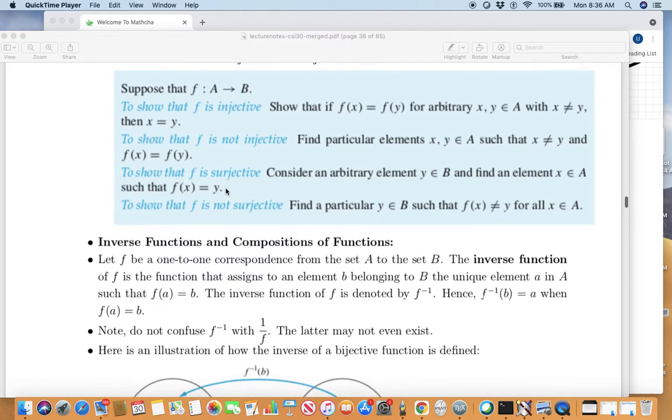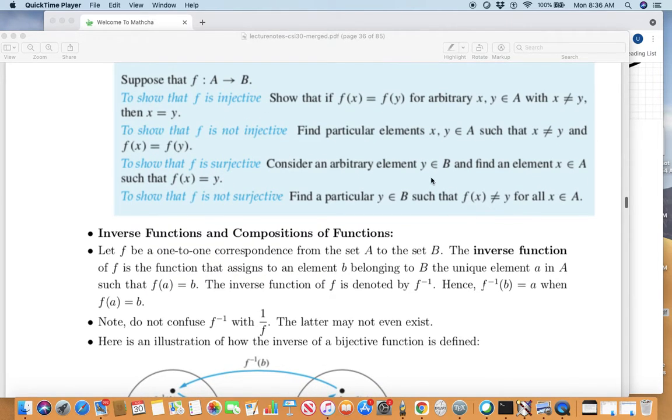To show that f is surjective, take any arbitrary element y from the right hand side, from your codomain, and find an element x in your domain such that f(x) equals y. To show that f is not surjective, find a particular y in your codomain such that f(x) is not y for all x in A. What does that mean? y is not an image of any x from A.